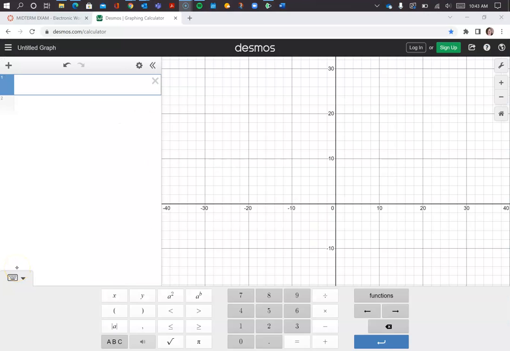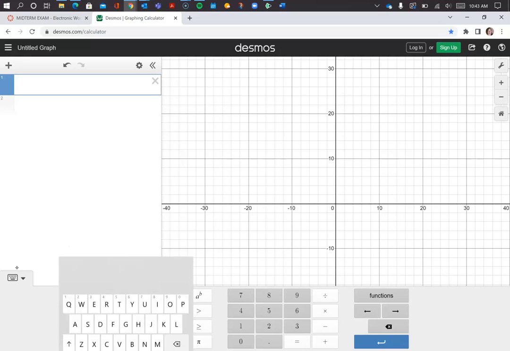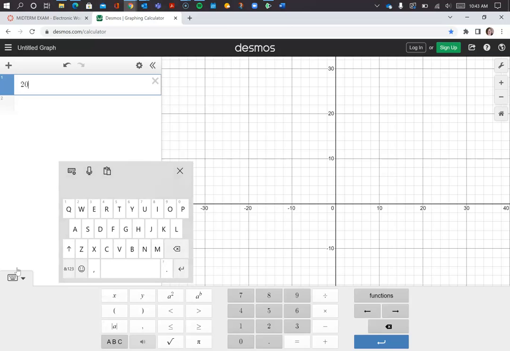I actually want to show you how I type this in Desmos, just in case you're having any trouble with that. So I would start in my box and then do 20 times, I'm going to use parentheses just to make sure that works okay, 2 to the power, I'm raising it up, so I'm going to do this a to the b, negative 1.9, and I'm going to use x for my input.